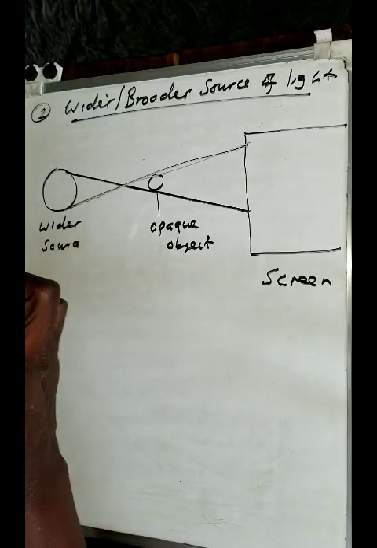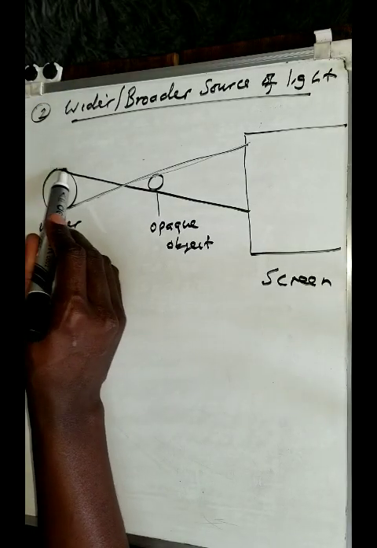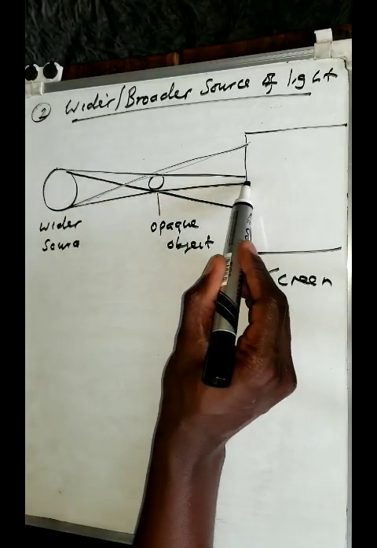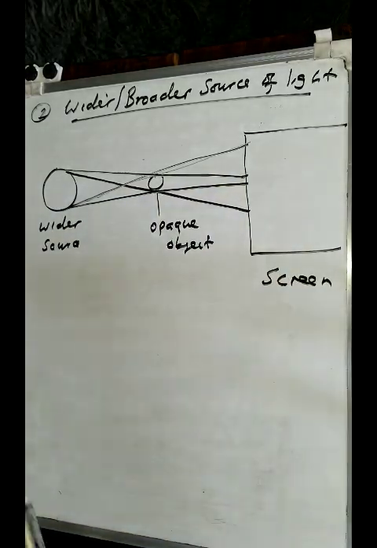Some of the light may also pass through in this direction, and that direction. So that is what you're going to see.